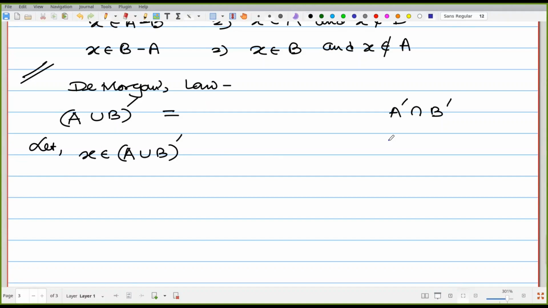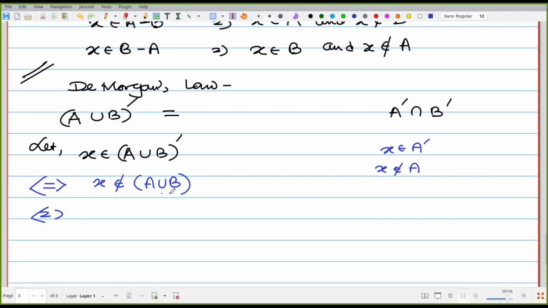Now we know when X belongs to A complement, that means X does not belong to A. So here we are also writing it, X does not belong to A union B. So X belongs to A union B complement, so X does not belong to A union B. Now once again, that means does not belong to, or not belongs to.